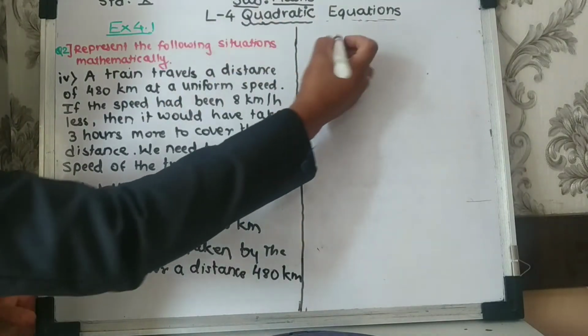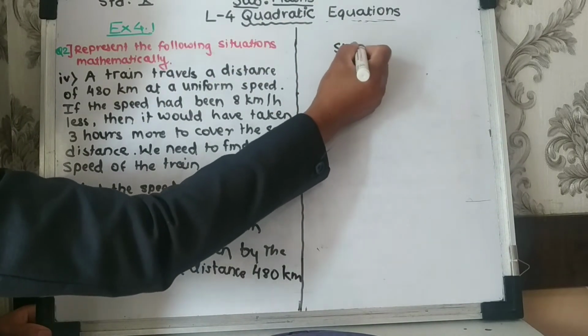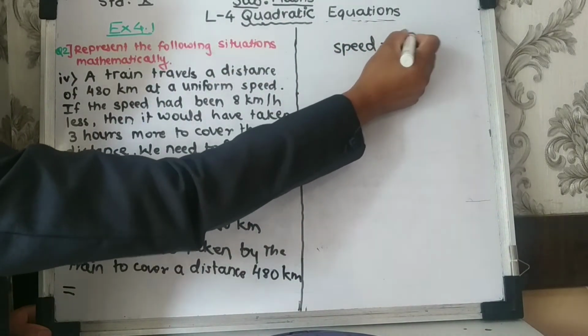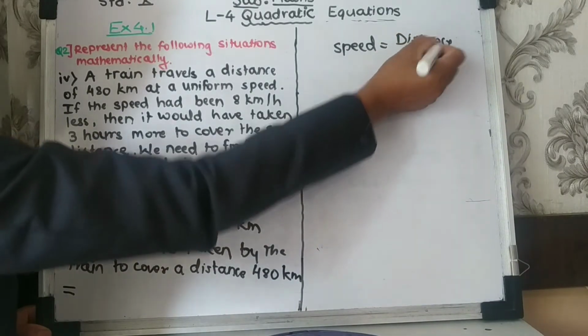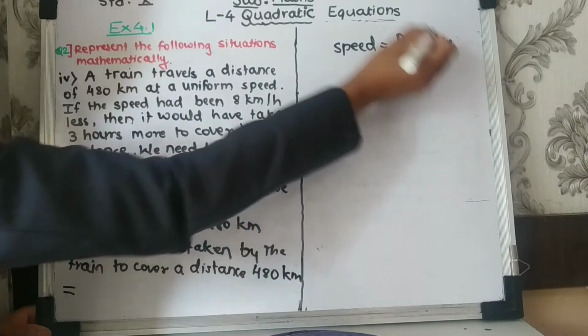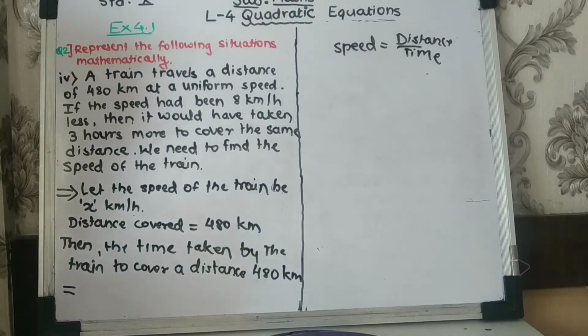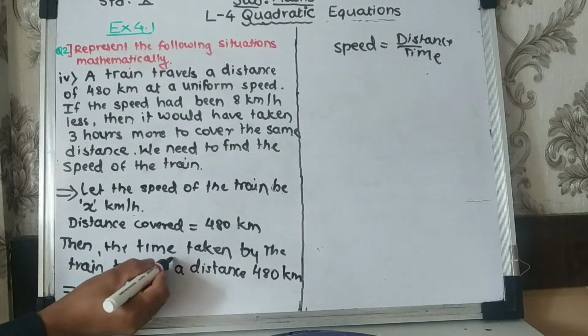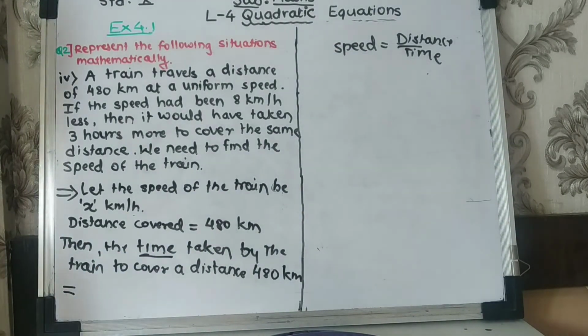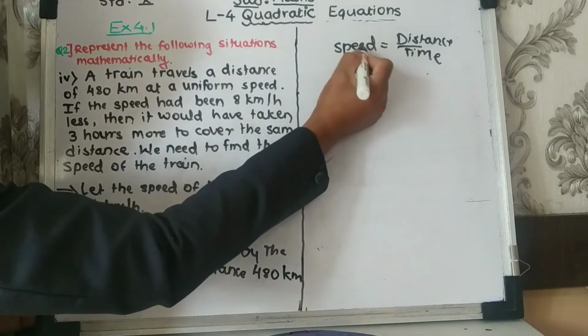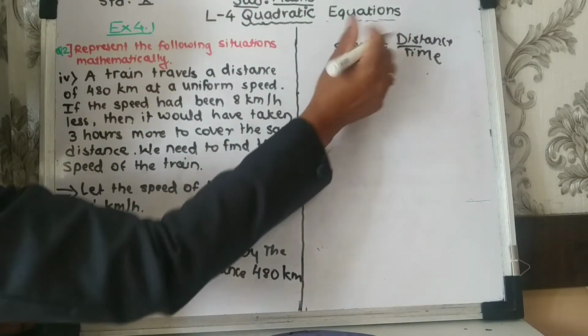For this we have seen in science that speed equals distance upon time. This formula you all are aware of, right? Now we are finding out the time taken, so we change their places.